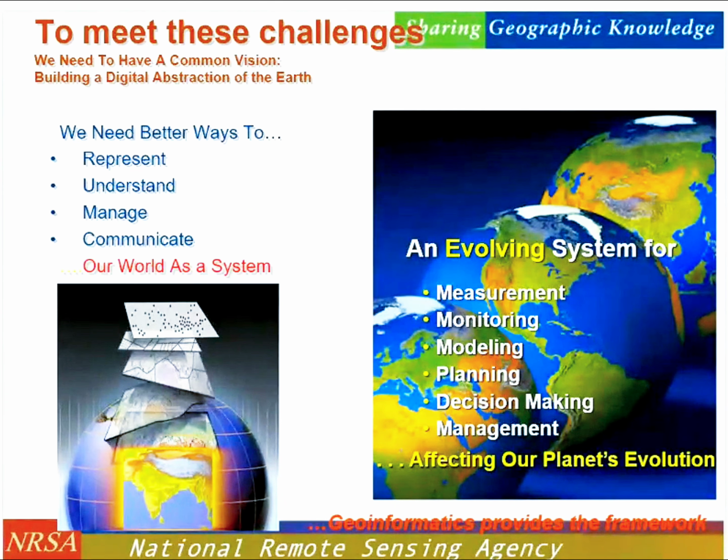How to solve using these techniques? The first is measurement, monitoring, modeling, planning, decision making, and management. Okay, to affect our planet's evolution. And in this way, geoinformatics has a very important role.